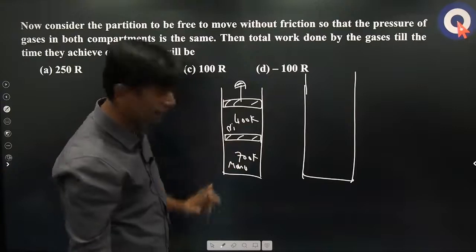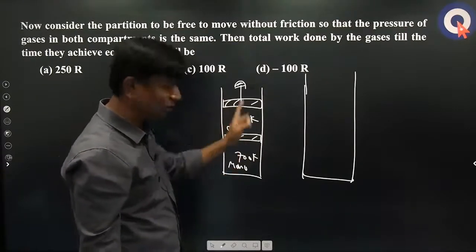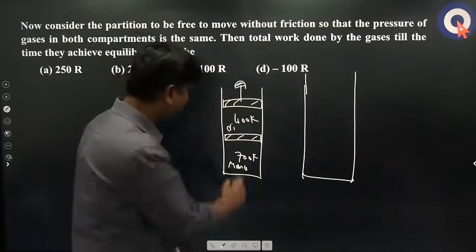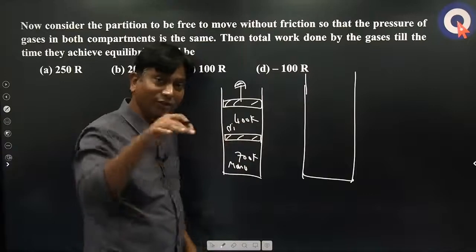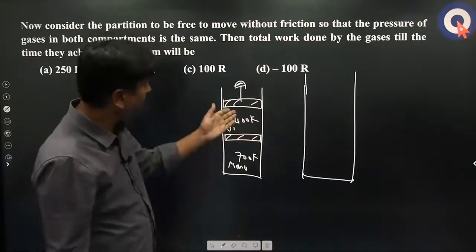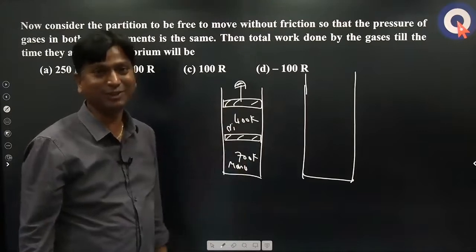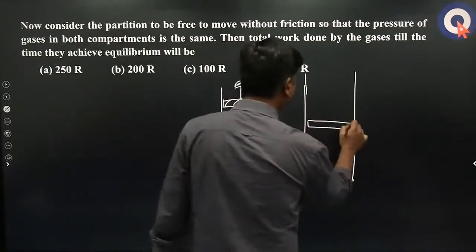This is also movable, so this is also now giving out the heat at constant pressure. Earlier, this lower compartment gas was giving the heat at constant volume. Now it will give the heat at constant pressure. This will anyway take the heat at constant pressure because it is a movable piston, right? So finally it may look like this.